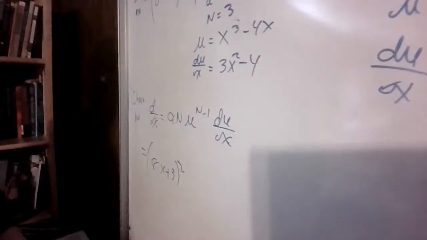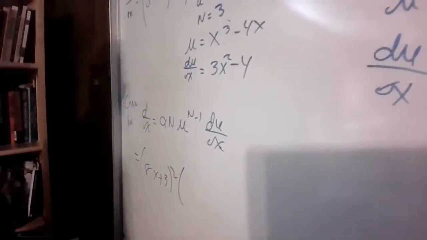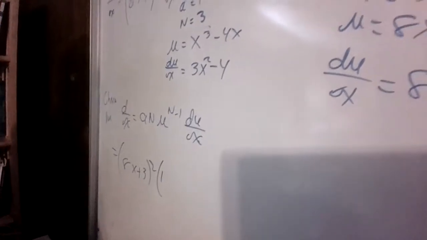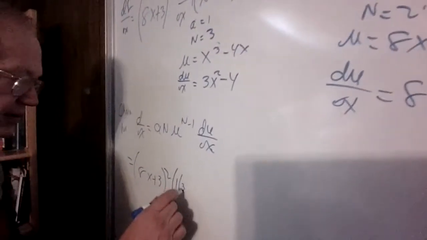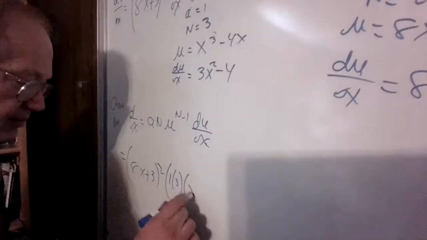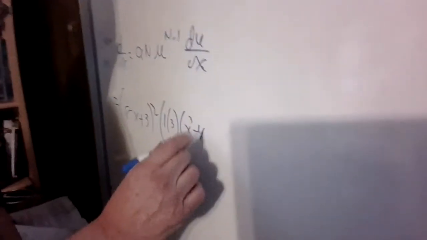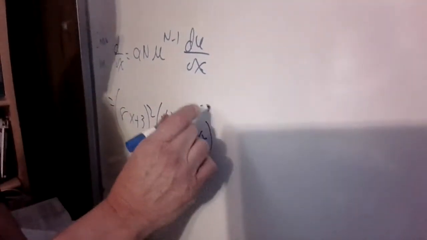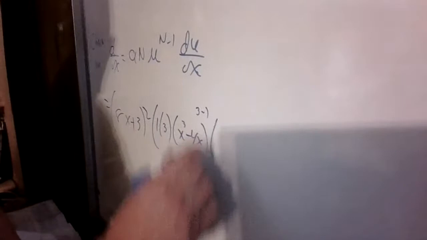So now all I have to do is substitute these in here. So this is going to be multiplied by a is 1, n is 3, u is x cubed minus 4x, and I'm going to take 3 minus 1 times du/dx.